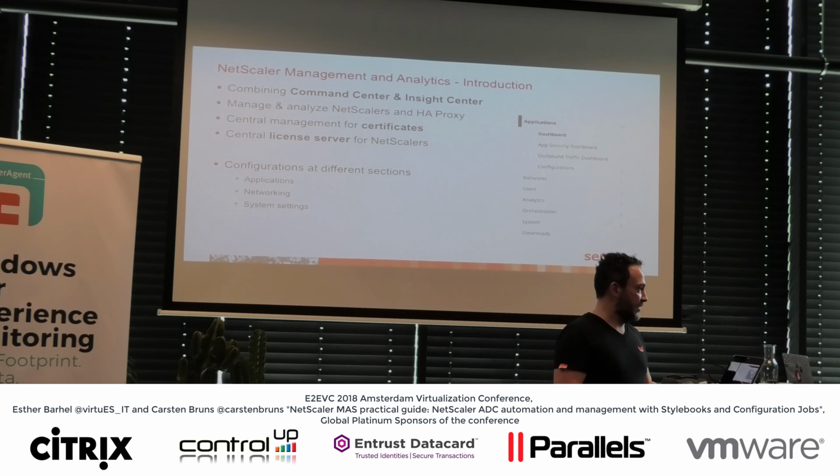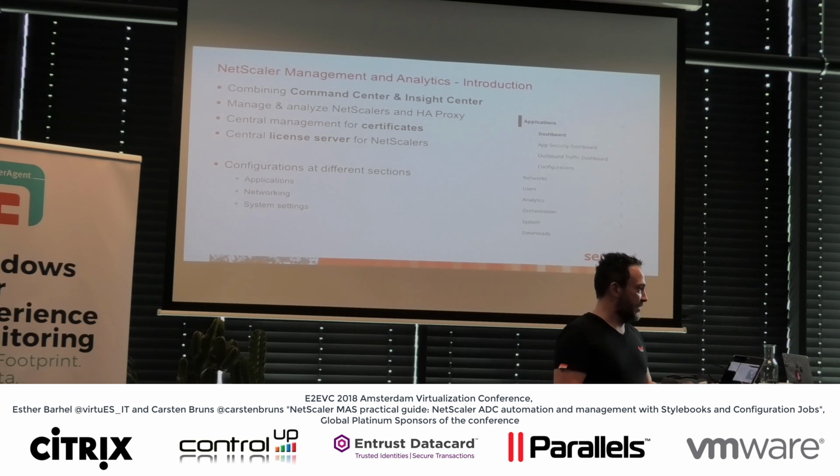You can also use a CSV file if you want. And the MAS system will check all IP addresses I've typed in, and will add them to the MAS system. It's really easy, and you can do it for a bunch of NetScalers.